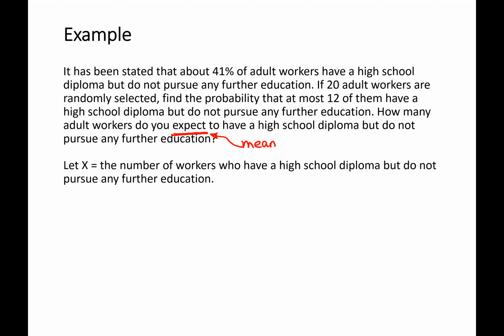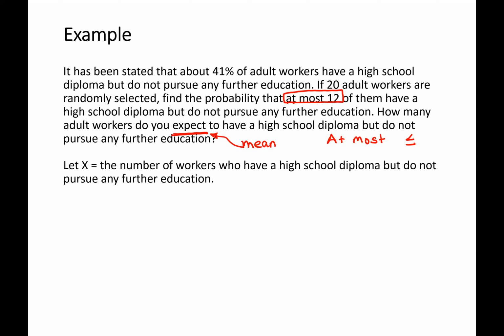And what probability are we looking for? Well, what we have stated here is at most 12. Whenever you see at most in a mathematical problem, what you're talking about is no more than, or less than or equal to.